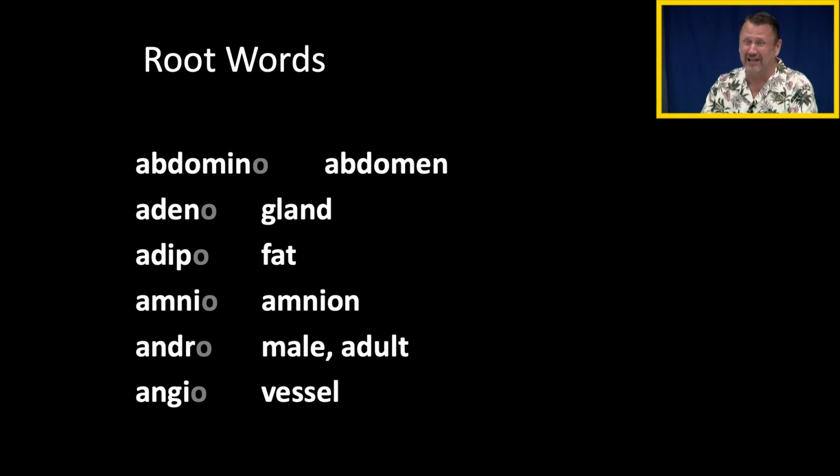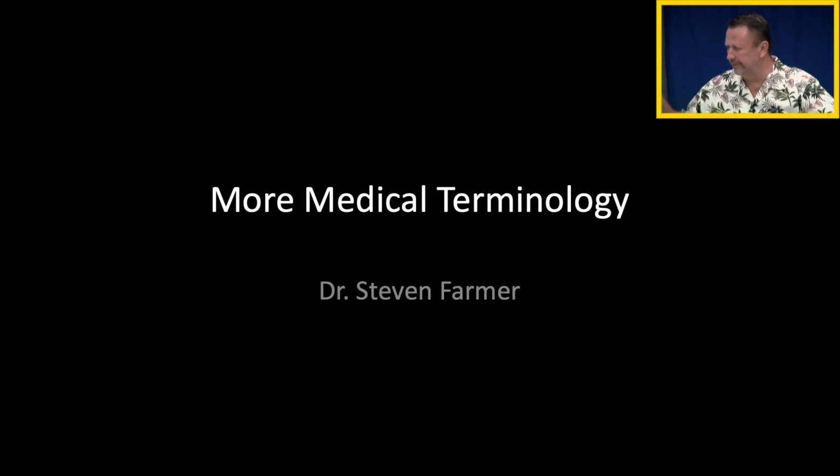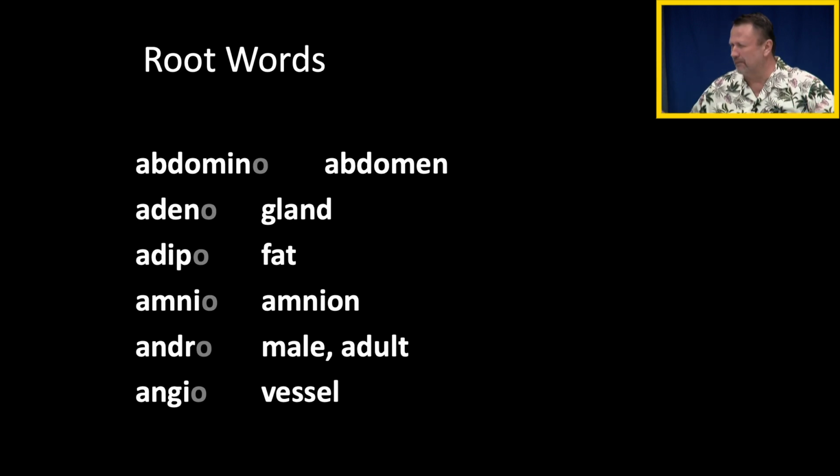And that can be cancer as well as some other things. So again, be careful with words. Just because it's the word malignant doesn't always mean cancer. And that's especially the case in something like malignant hypertension, which has nothing to do with cancer. That being said, let's continue with more medical terminology.